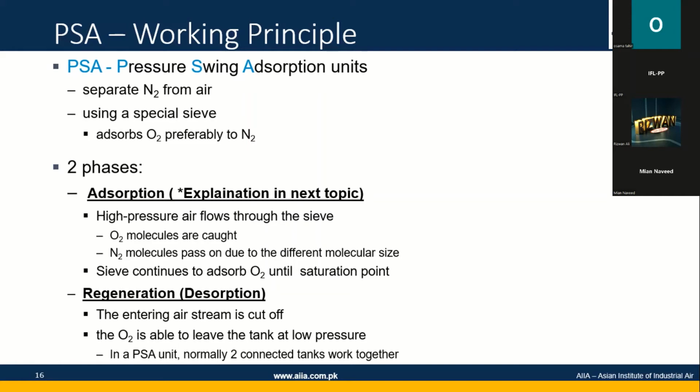The entering air stream is cut off, and the oxygen is able to leave the tank at low pressure, as I've already told you. In a PSA unit, normally two connected tanks work together. The same process happens in the second tower, and both towers switch from time to time, alternating between the adsorption and regeneration process, which is also called the desorption process. So it is a very simple process, basically.